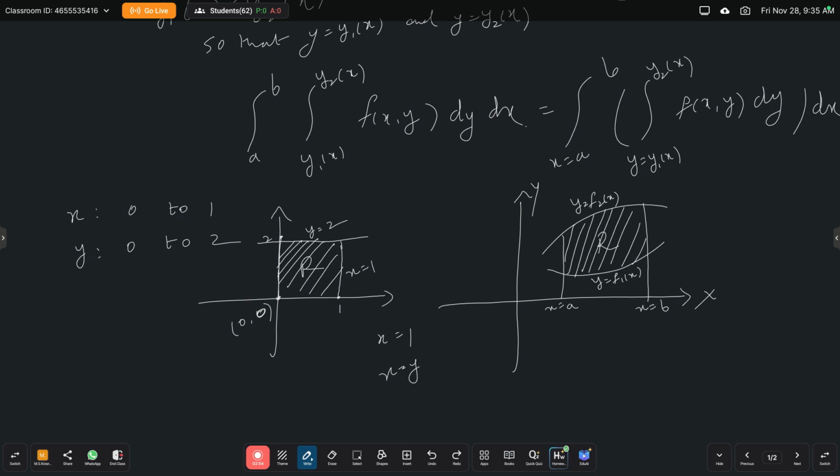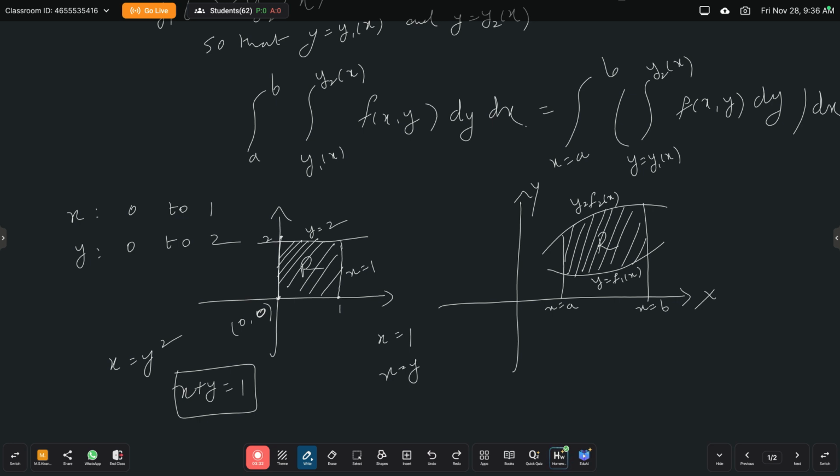And x is equal to y square, or y square is equal to x, is a parabola passing through the origin, and x plus y is equal to 1 is a straight line passing through 1 comma 0 and 0 comma 1. So depending on the curve equation, we can find the limits to the region also. We generally use parabolas, straight lines and circles.